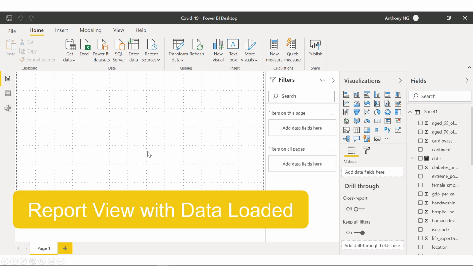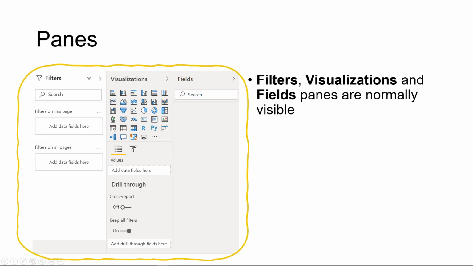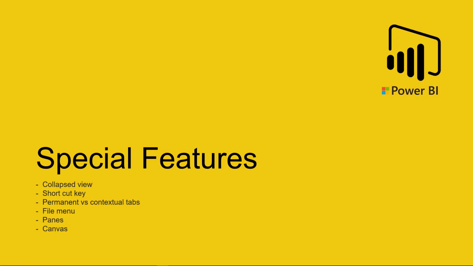So this is a fairly quick whirlwind tour of the report view to help get you familiarized with the various features of it. We talked a little bit about the view itself, and we talked about some of the special features such as the collapse view, the shortcut keys, the permanent versus contextual tabs as you go through the various types of views, such as going to report, which has 5 tabs.